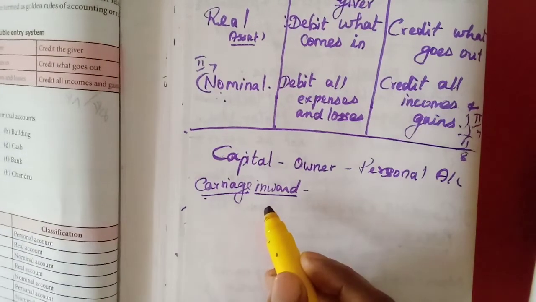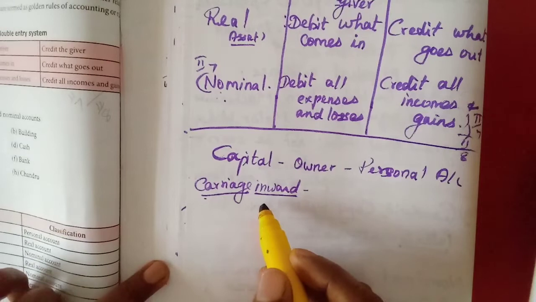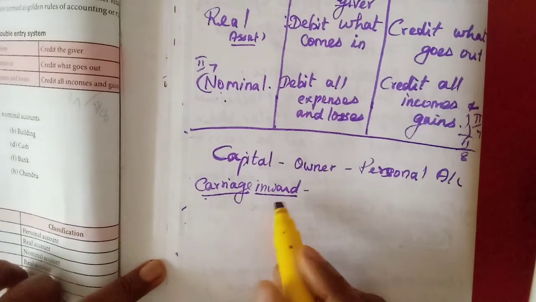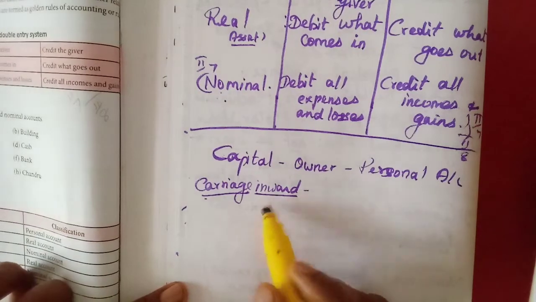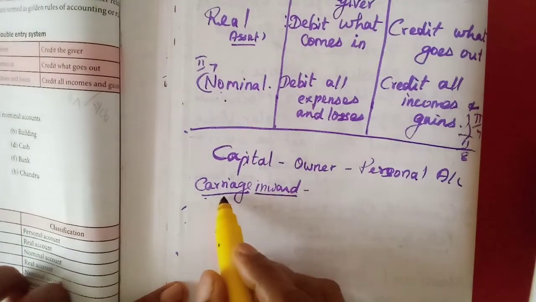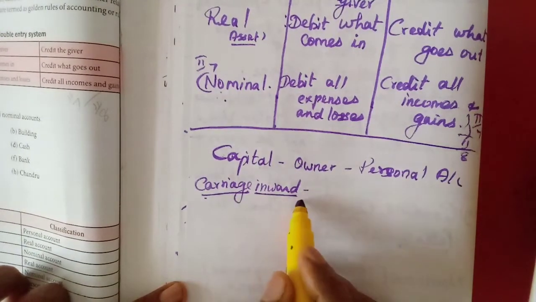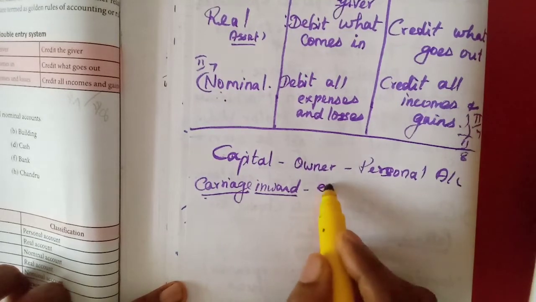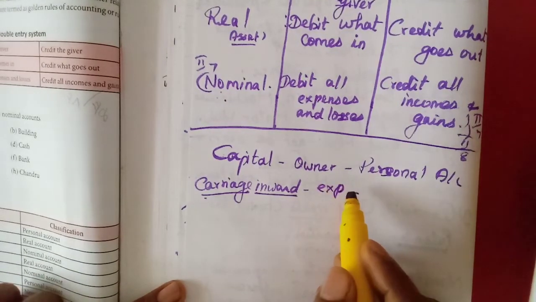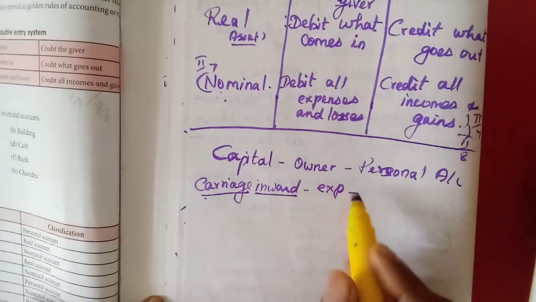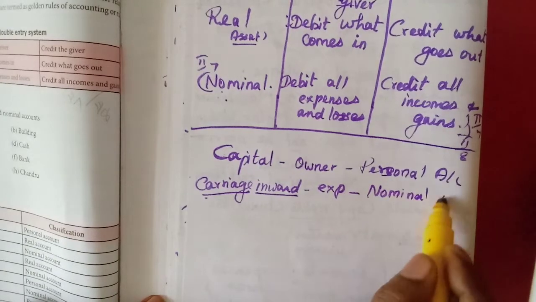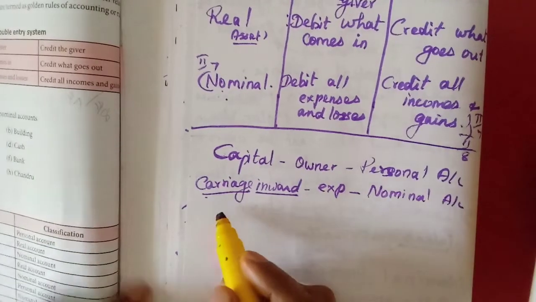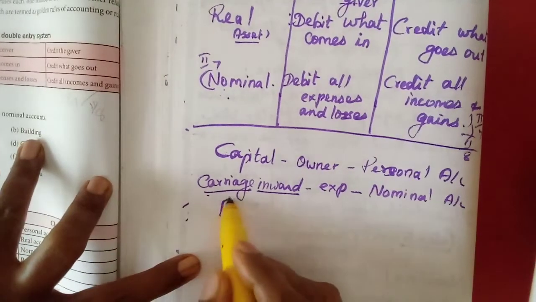So any goods we have purchased for the purpose of resale will be brought in a truck or any other vehicle. The charge that we pay for this carriage is called carriage inward. It is an expense. So carriage inward is a nominal account. Then that B, building.